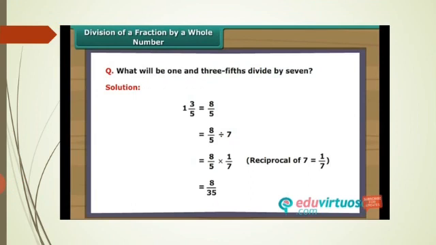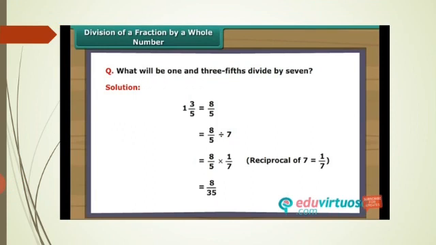Then next, division of fractions by a whole number. What will be 1 and 3/4 divided by 7? Okay. Divide by 7, you know very well that you need to take the reciprocal of the second number. Solution: 1 3 by 5, you multiply 1 5 is 5, 5 plus 3 is 8, so 8 by 5.